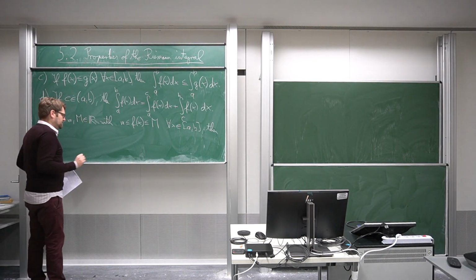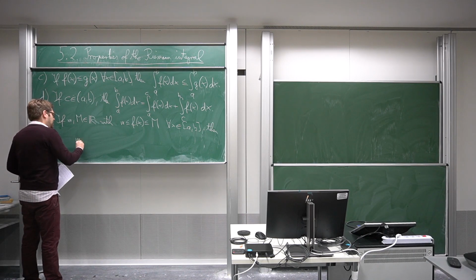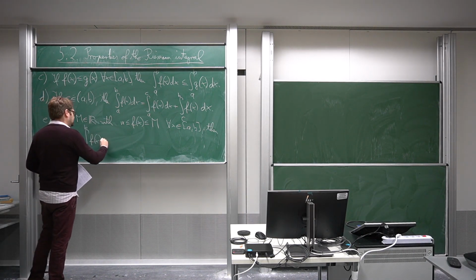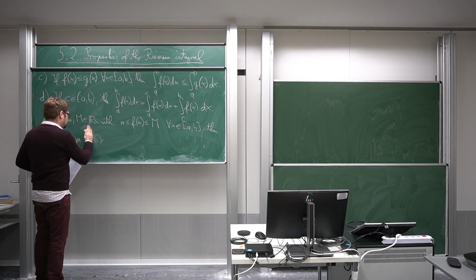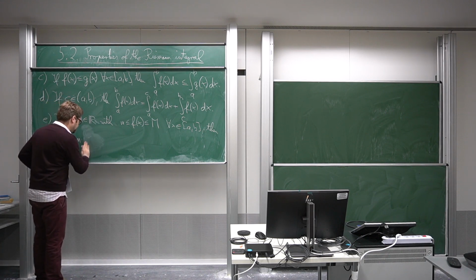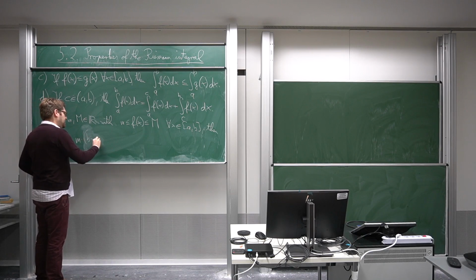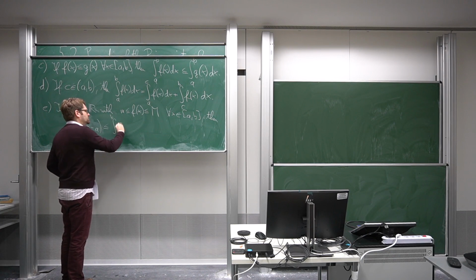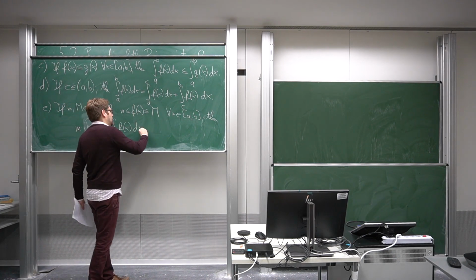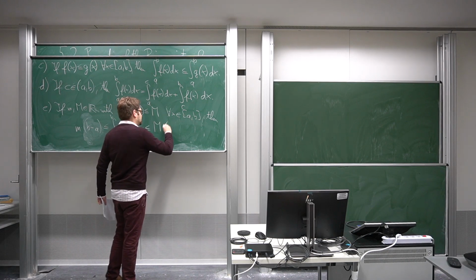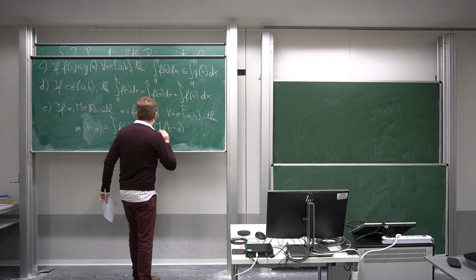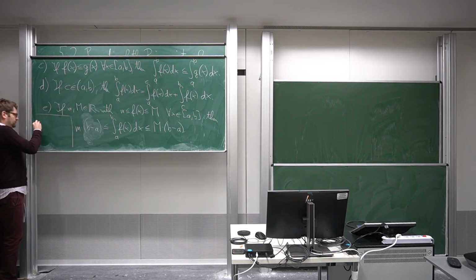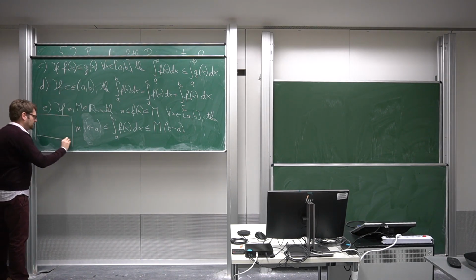So if we have these bounds, then m times (b minus a) is smaller than the integral from a to b of f of x dx, and this in turn is smaller than capital M times (b minus a). And this also makes perfect sense if I draw you a picture. Of course, a picture is not a proof, but just intuitively.